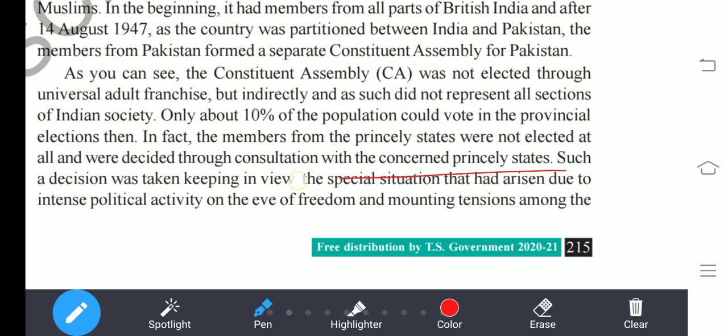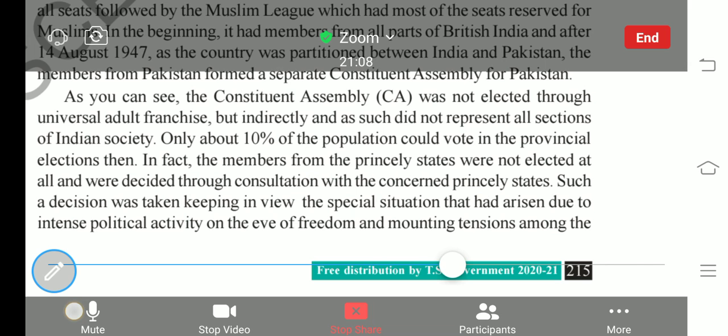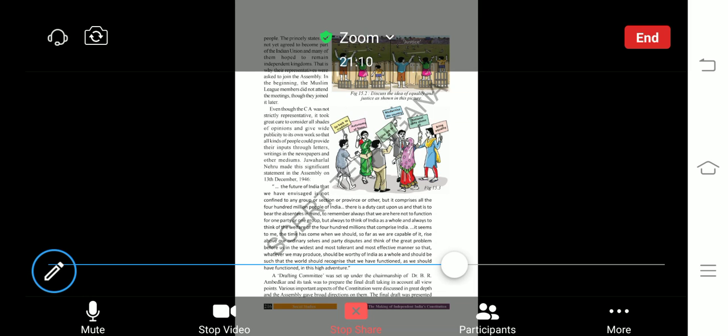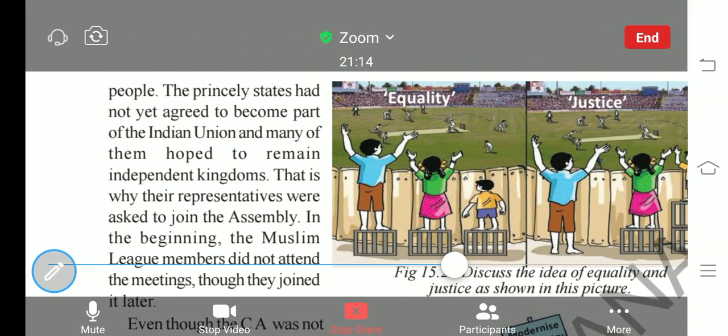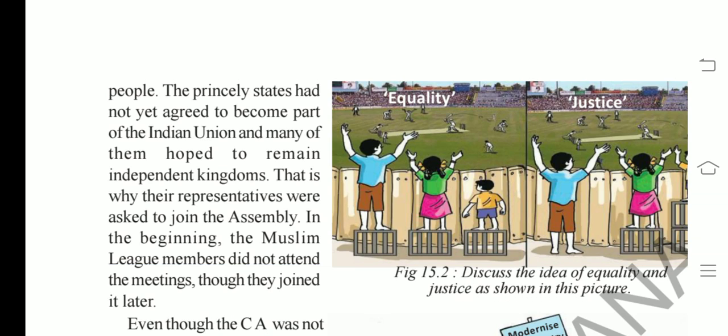That is the point here. Next, we see that the princely states had not yet agreed to become part of the Indian Union. They did not want to be part of the Indian Union. They wanted to be independent. That is the situation.